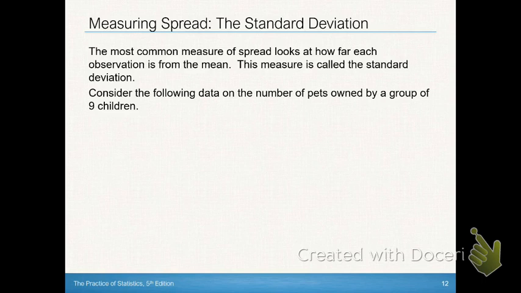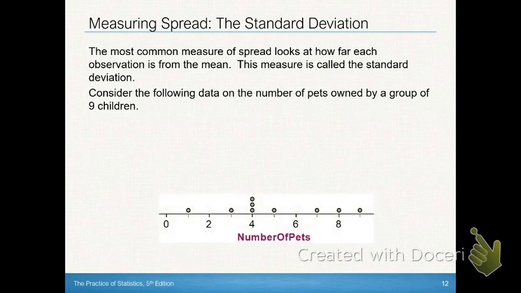So again, standard deviation is a measure of spread. It tells you on average how far away individual observations are from the mean. So let's say here we had a set of 9 data points where we asked 9 kids, how many pets do you own? And this is what came out of it.